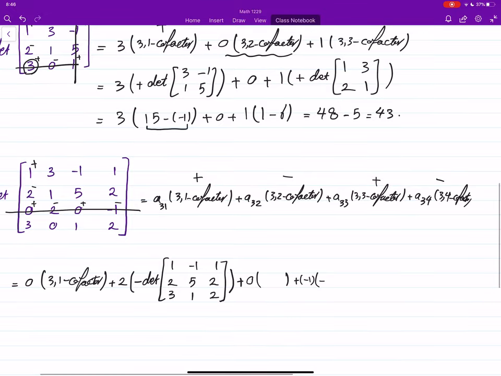Okay. So negative 3, 4 cofactor. This is 3, 4 cofactor, which is a negative determinant of 1, 3, negative 1, 2, 1, 5, and 3, 0, 1.